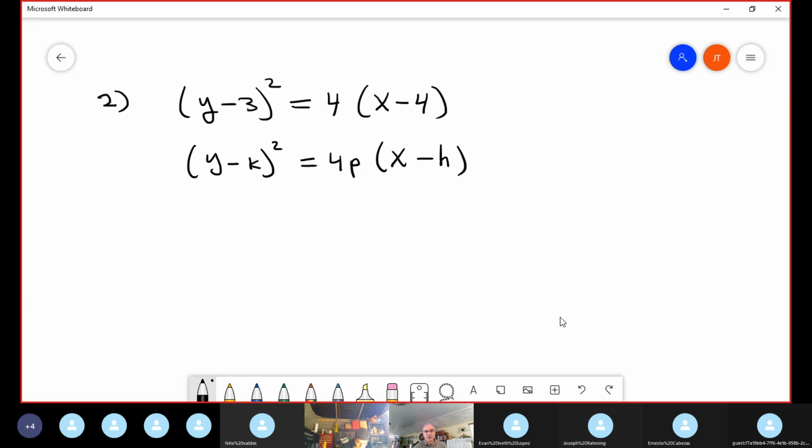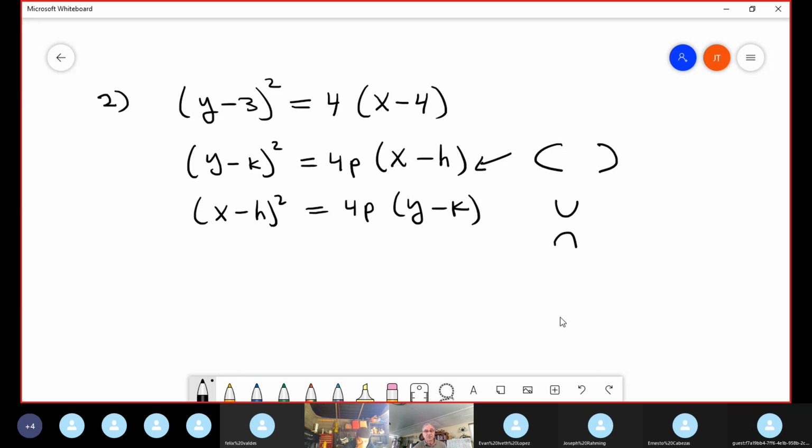It's clear. But we have another formula, (x minus h) squared equals 4p(y minus k). And the first is the horizontal parabola. It looks like that or like that, depending on the value of p that we need to determine. And the second is the vertical parabola, like that or like that.